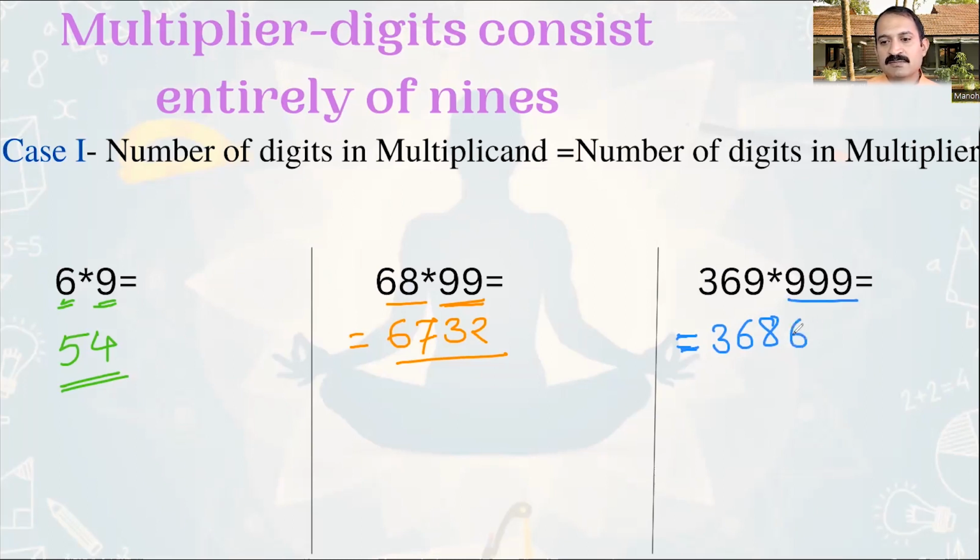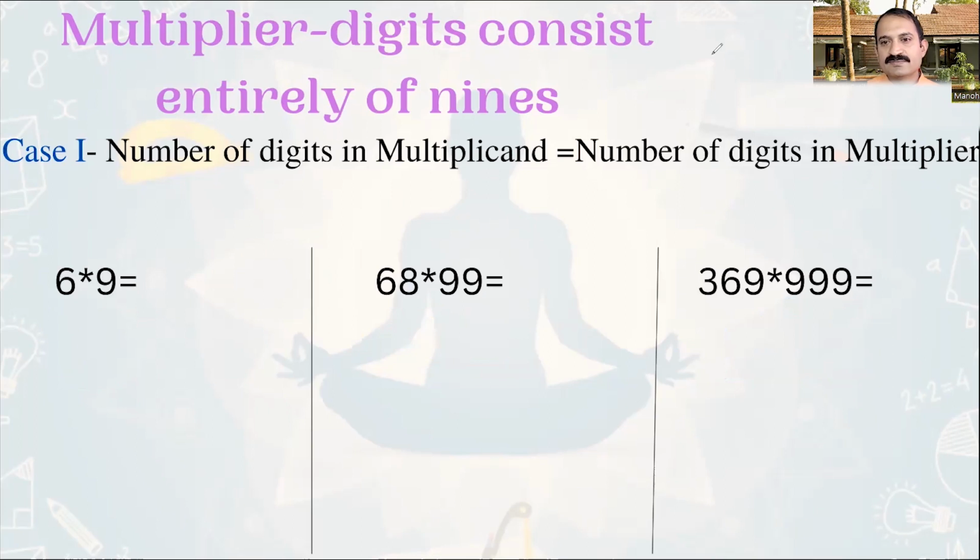So it will become... within 1 second you will get the answer, and you can cross check the answer with a calculator. You will be amazed. That is the power of Vedic Maths. So we'll see the next.